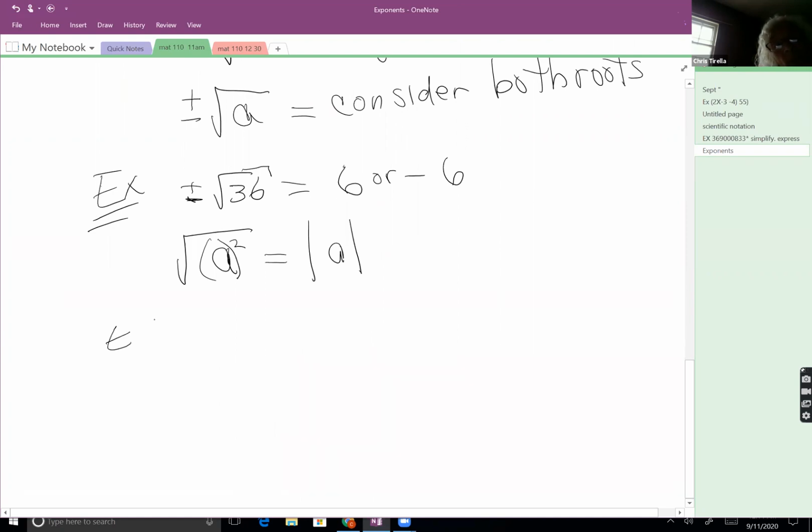If I look at an example, if I want the absolute value, let's say of -3 squared, order of operations, I'd start on the inside. So that would give me the square root of 9. And because there's no minus sign or no plus or minus sign in front, that will give me +3.